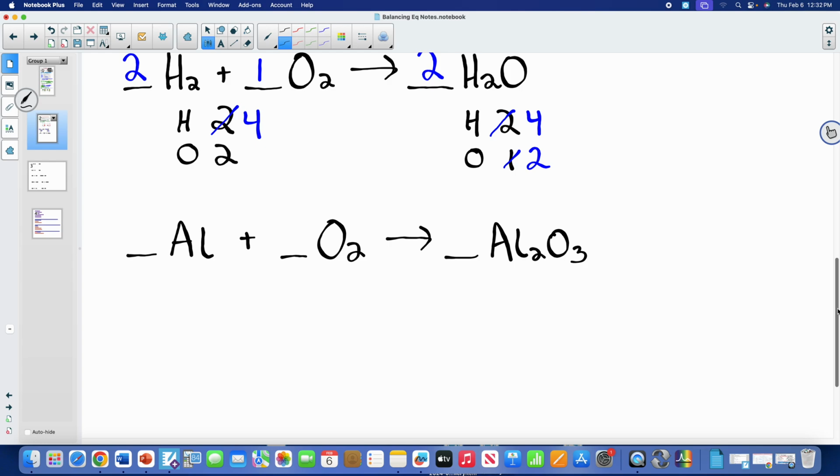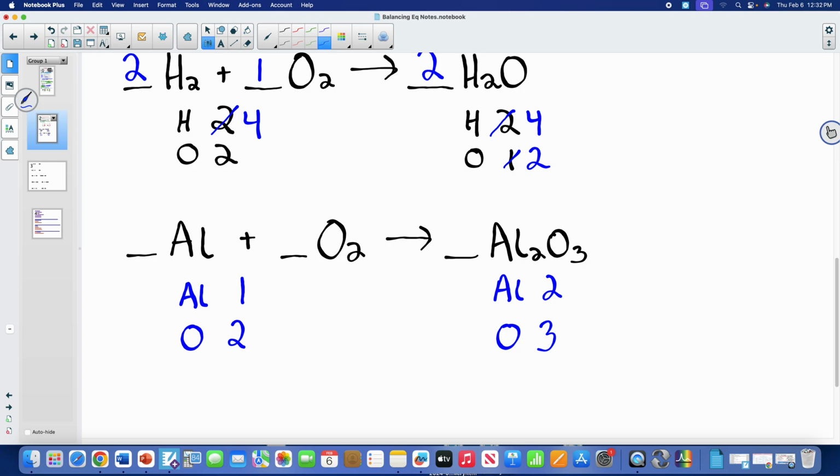Okay, so let's count up our atoms. We have aluminum, oxygen, aluminum, oxygen. Okay? How many Als on this side? Oxygens? Two. Als? Two. Oxygens? Three. So here's something tricky, right?